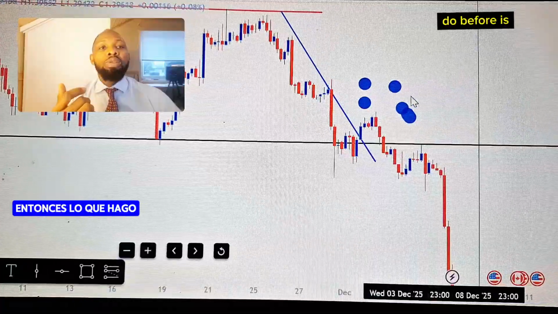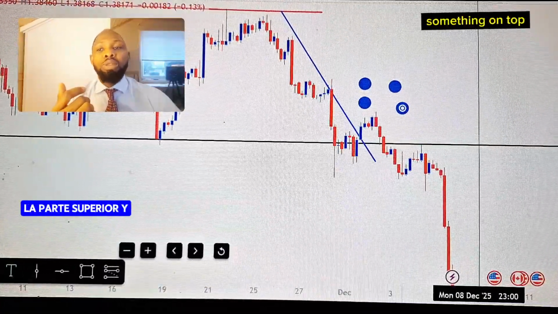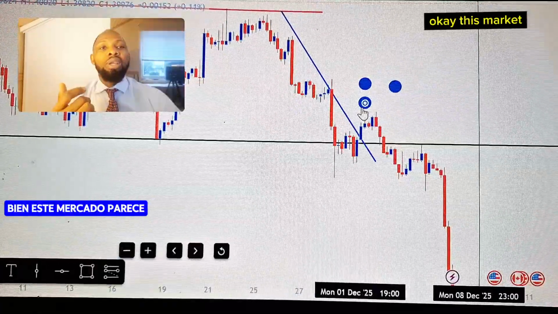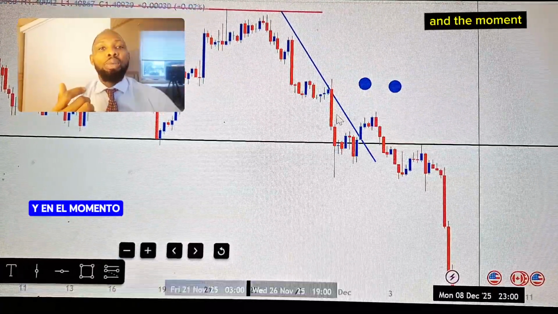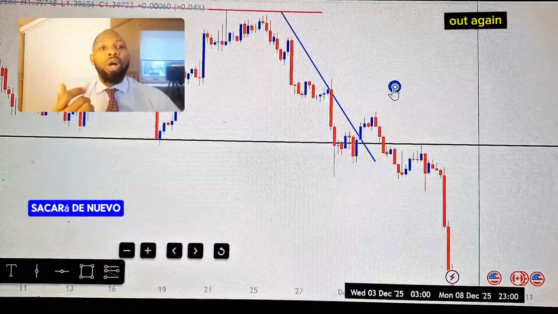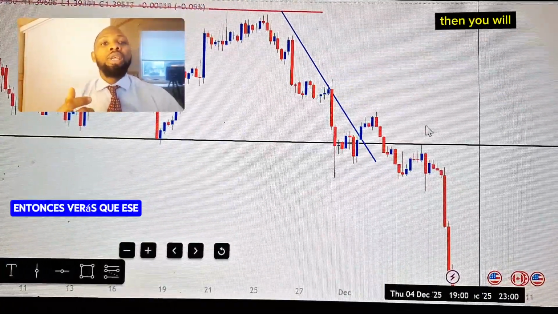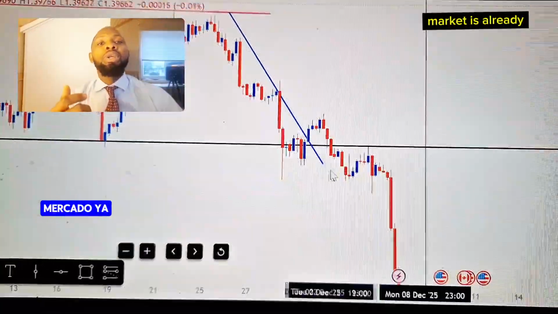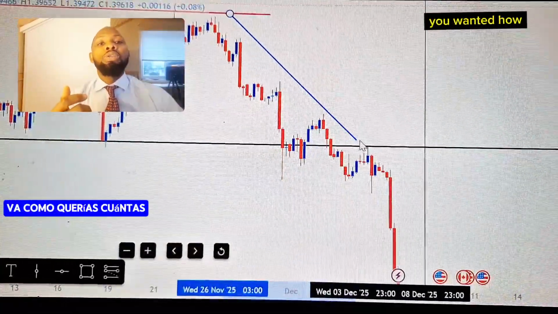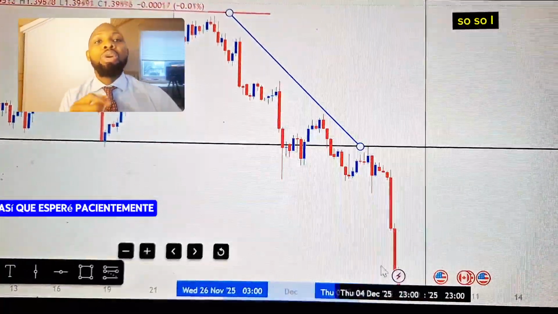What I did before was go into another market, see something on top, and say, okay, this market looks like it's going to drop. The moment you sell, the market takes you out again. Then before you come back to the one you've been watching, you see that market is already going the way you wanted. How many times have you seen this happen to you?